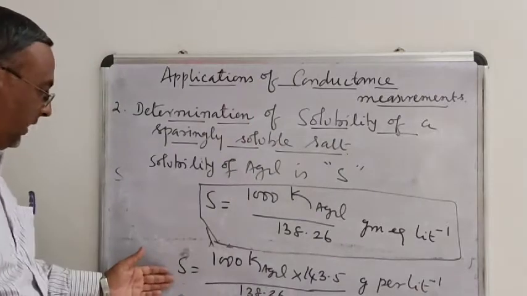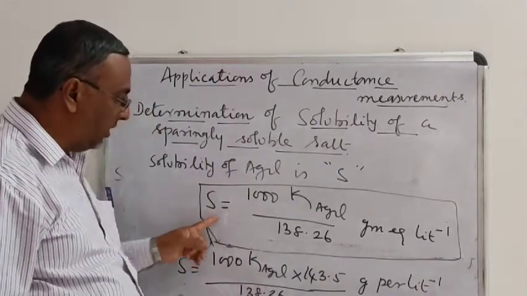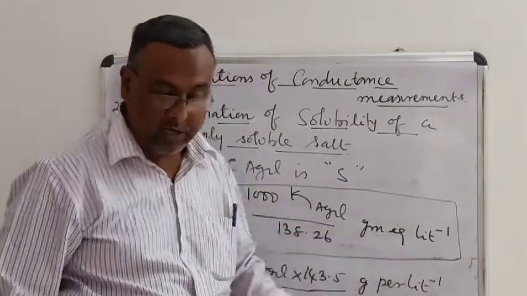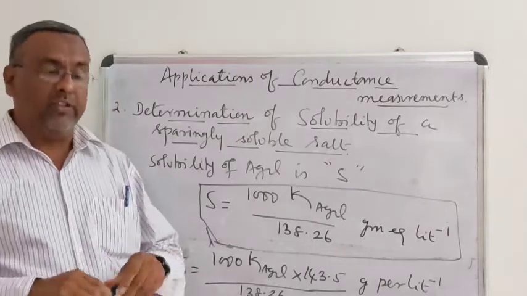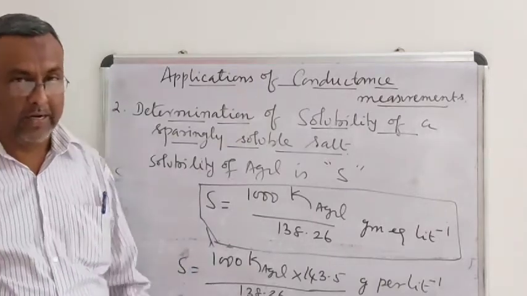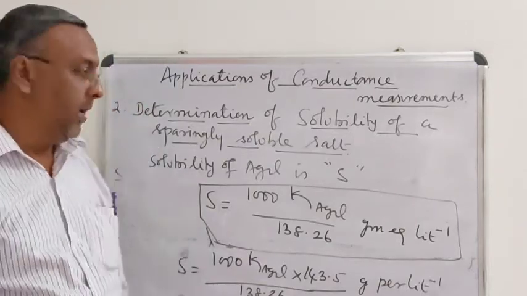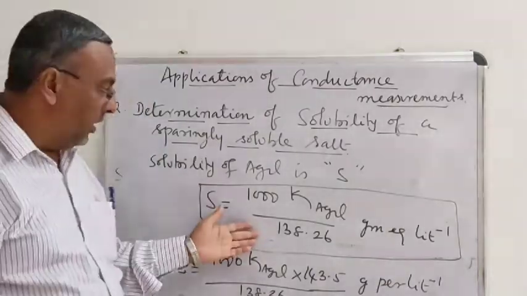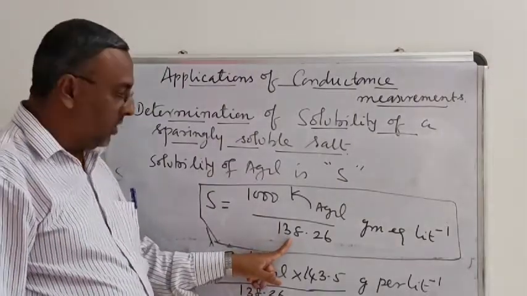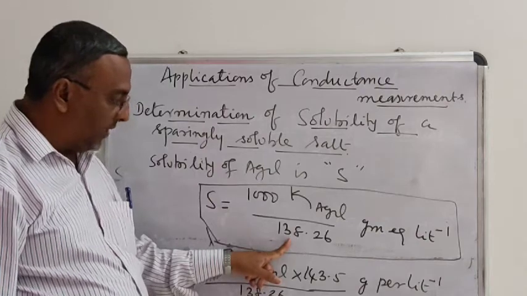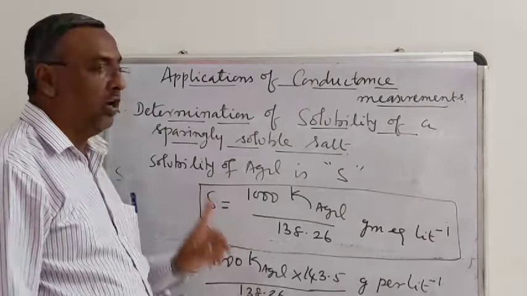This is the solubility of AgCl in grams per liter. This is also the solubility of AgCl in gram equivalents per liter. So the solubility of a sparingly soluble salt like lead sulfate, barium chloride, lead chromate, silver chloride can easily be determined if you know the equivalent conductance of a particular salt and the specific conductance.